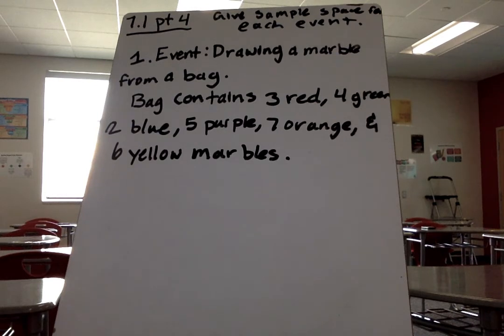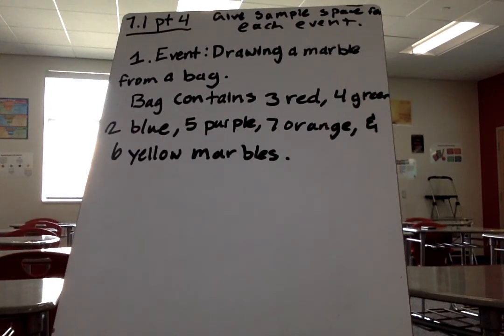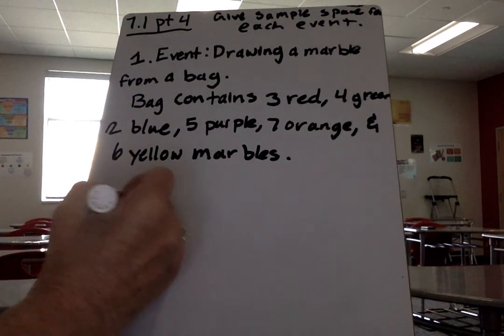The bag contains 3 red, 4 green, 2 blue, 5 purple, and 6 yellow marbles. So we need to put what the sample space is for each event. So basically what we need to do is say what are all the possible outcomes for that. Okay, so we could have red, so go ahead and put red. We have 6 different colors?